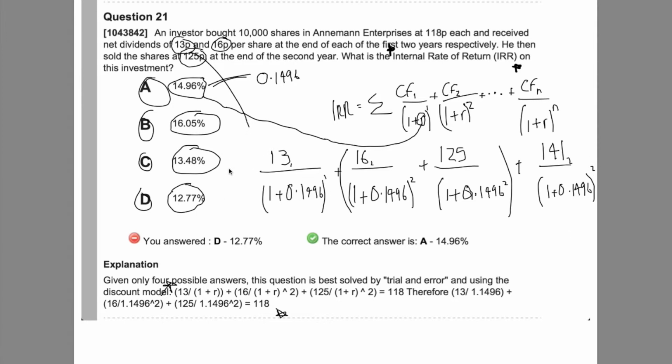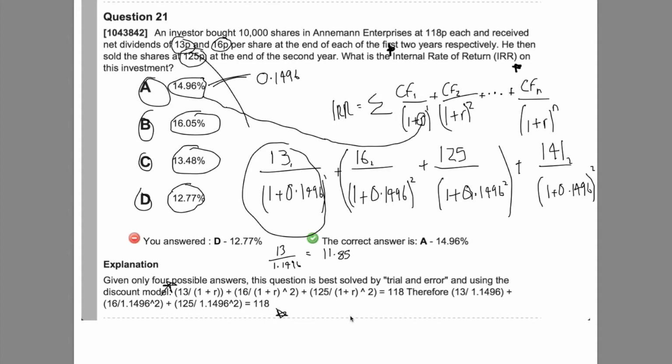We are looking for the correct answer, obviously, so if we do 13 divided by 1.1496, and that is just simply adding everything up together, we get 11.31, and that equals 11.85 to 2 decimal places.